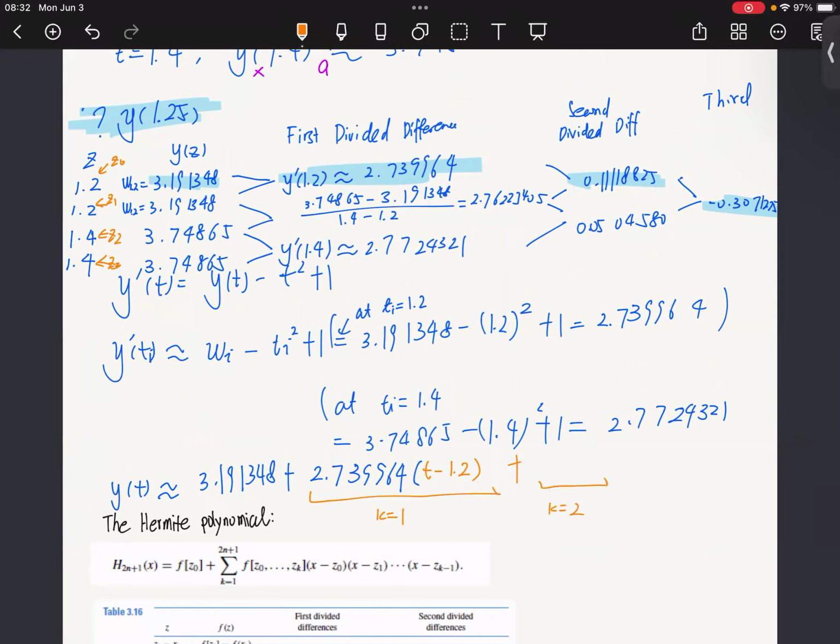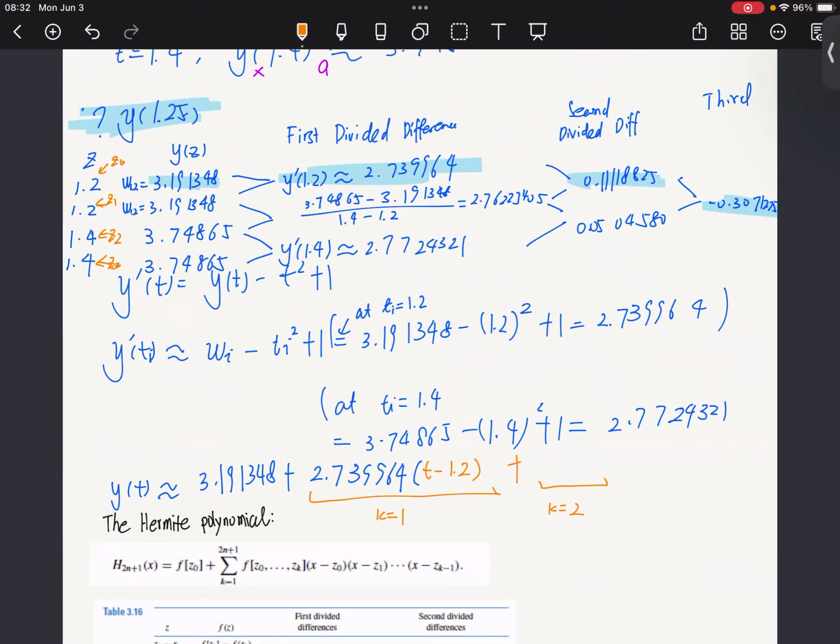K equals 2, and then we focus on what we have here, and that is the second divided difference formula. In the second divided difference table's column here, we focus on the first component, and the coefficients for this part should be the values we have here.